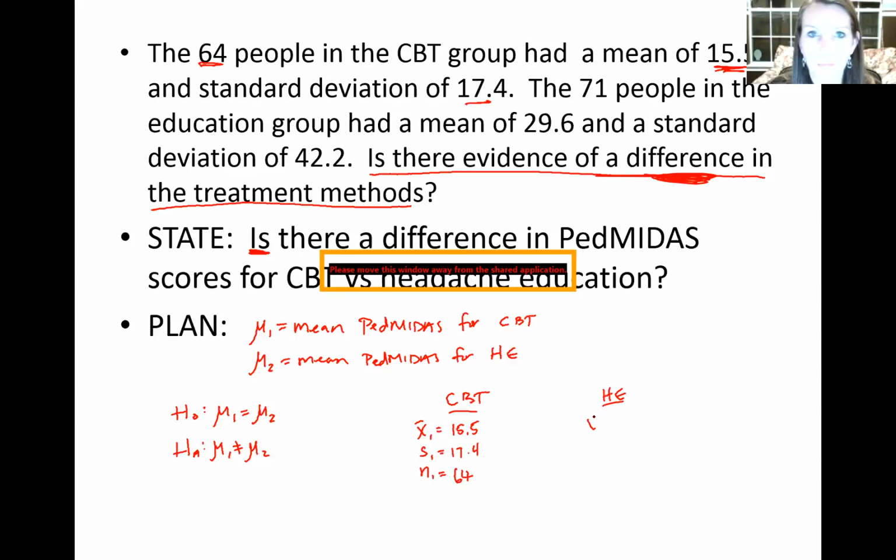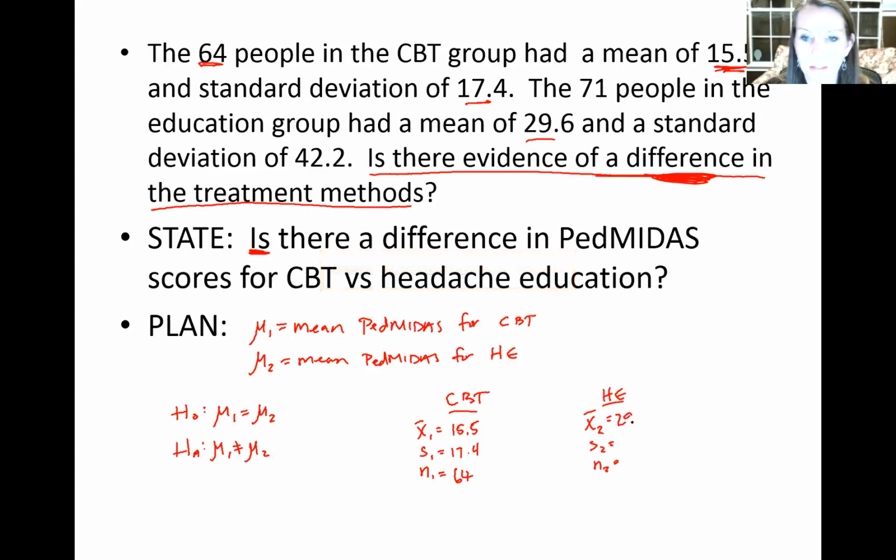For the headache education group, this is x bar 2, s2, and n2: a mean of 29.6, a standard deviation of 42.2, and an n of 71.